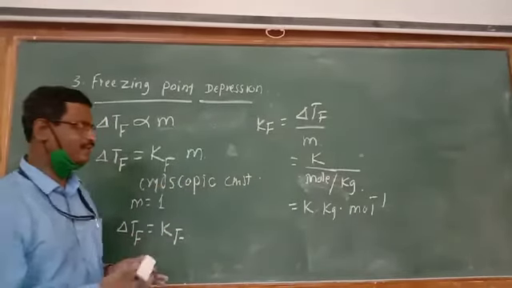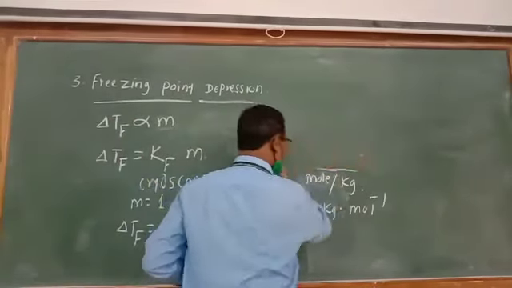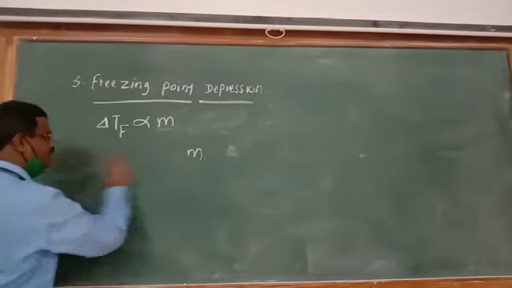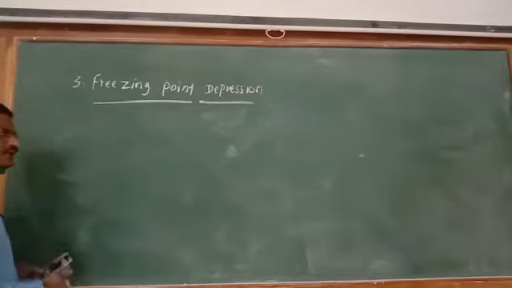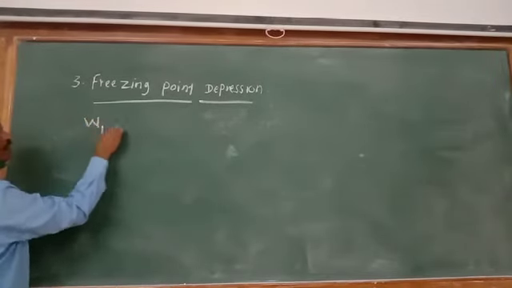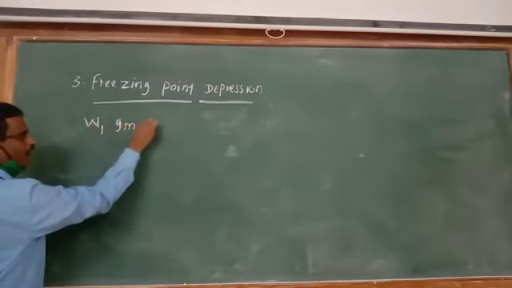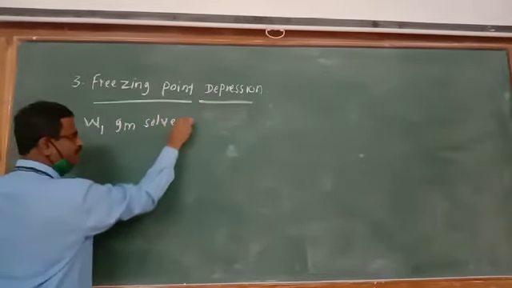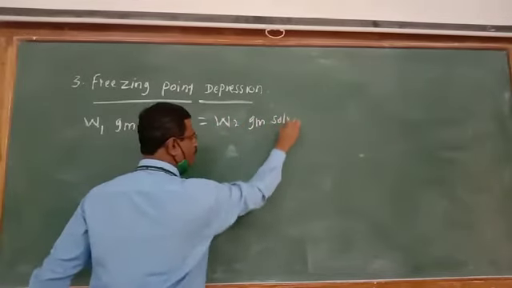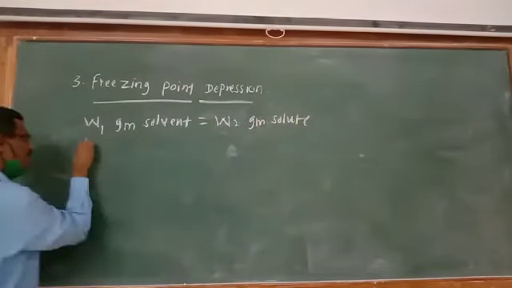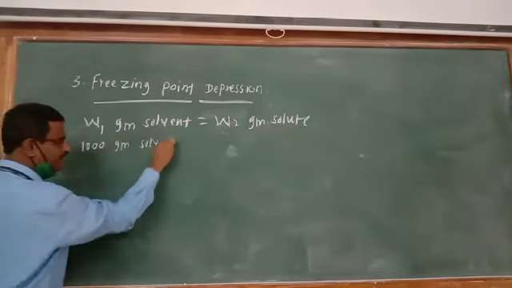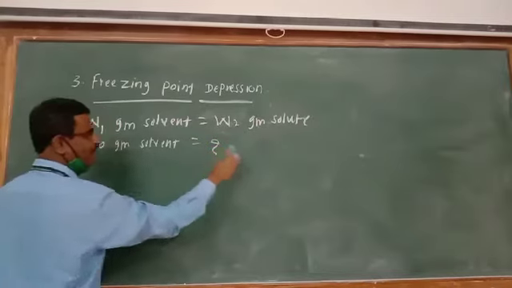Molar mass determination. We know that in the elevation of boiling point, we have studied one expression. The same expression we can use over here also. Whenever W1 gram of solvent is containing W2 gram of solute, at the same time 1000 gram of solvent is containing how much gram of solute?